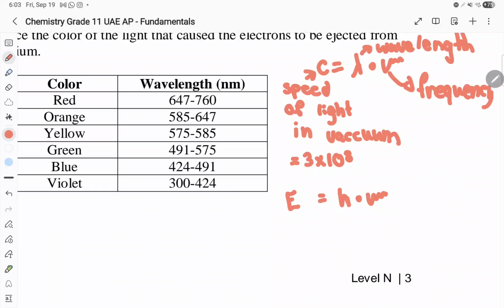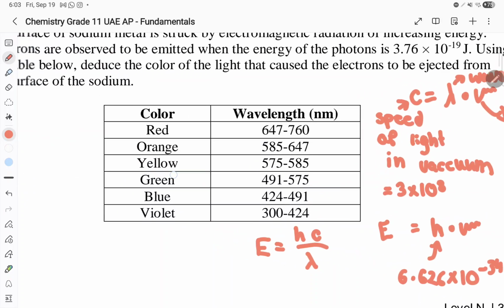Another equation, which is the mixture of these two equations for when we do not have frequency, is E equals hc over wavelength. H is Planck's constant, which is equal to 6.626 times 10 power negative 34. And we already said that C is equal to 3 times 10 power 8.